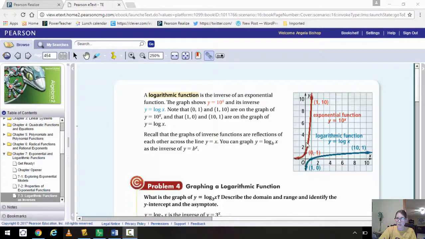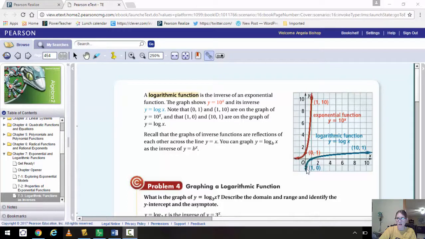Well, if I flip some of my points on here around, flip my x and my y, 0.01 becomes 1, 0.01 and 0.1 becomes 10, 1. This is giving me the idea of what the graph y equals the log of x would look like, because again, they're inverses, the x and the y flip. We'll notice here too that my function, log of x, does cross the x-axis.